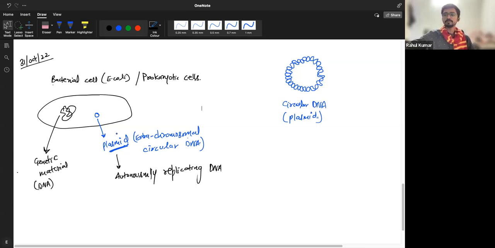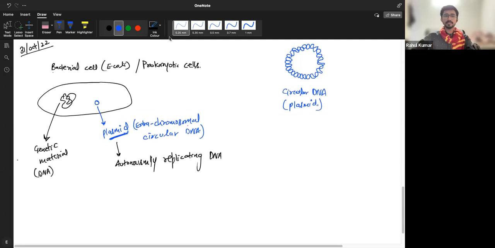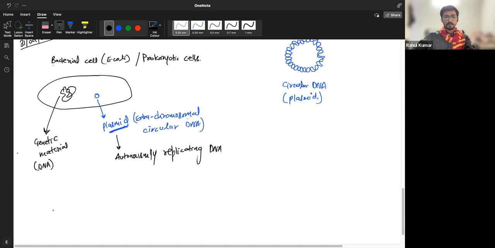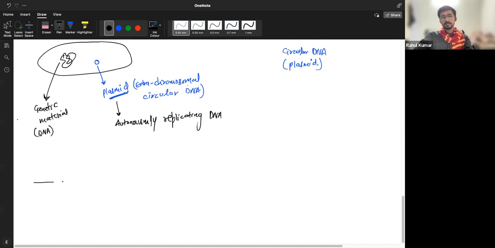Now, what we are doing in genetic engineering is achieving a goal of sending our gene of interest. Let's say there is a gene which I'm interested in. This is the DNA fragment on which the region from here to here is a gene X. I'm interested in this gene.